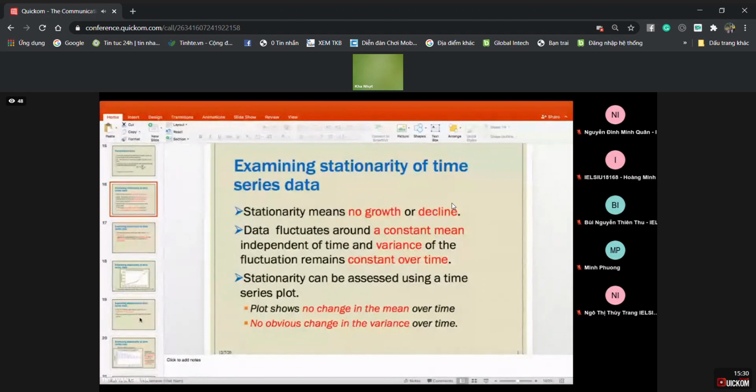I already reviewed in the slide that stationarity is assessed using the time series plot. The plot shows no change in the mean over time and no obvious change in the variance. It means the mean and variance do not change over time.